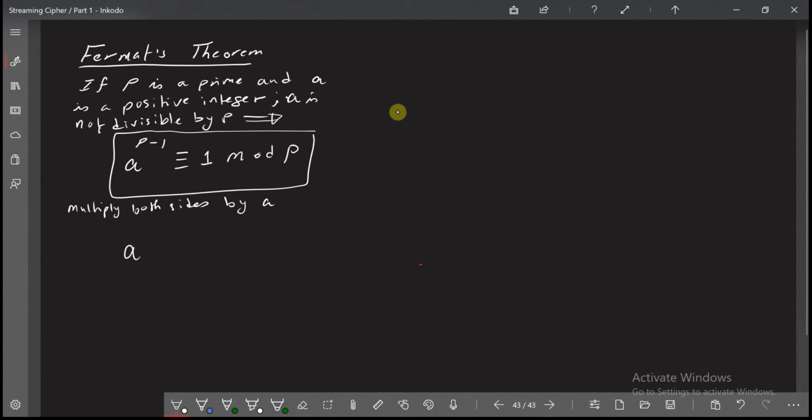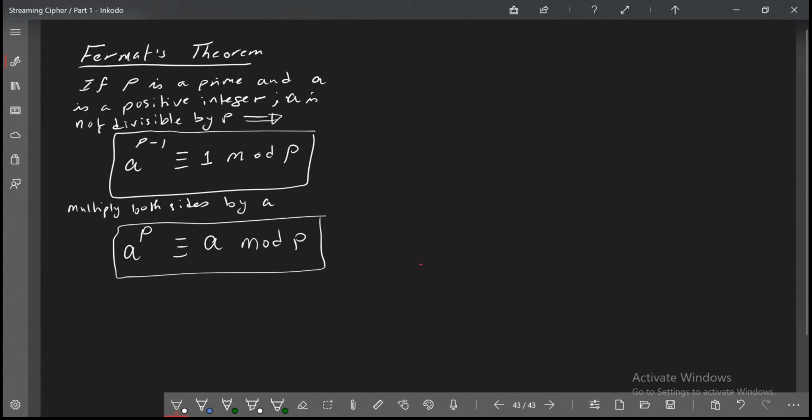So you have a times a to the power p minus 1, so we have a to the power 1 plus a to the power p minus 1, so we'll end up having a to the power p is congruent with a mod p. So this is a variation of Fermat's theorem.